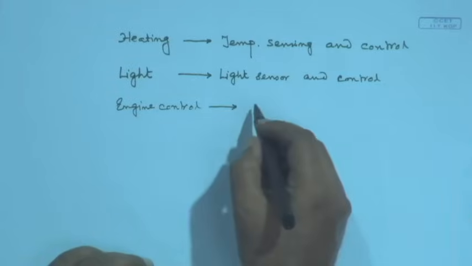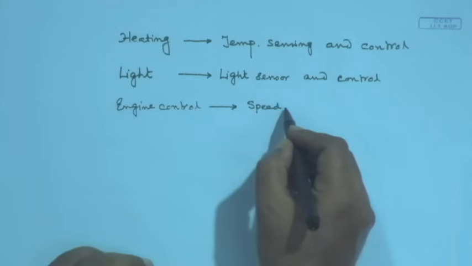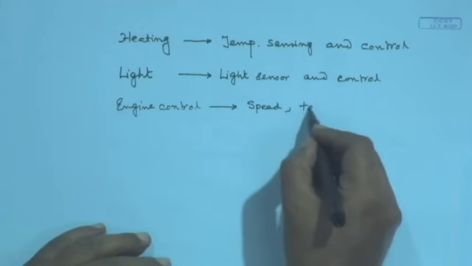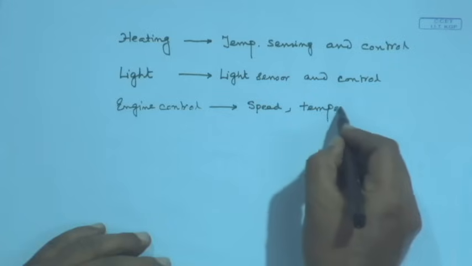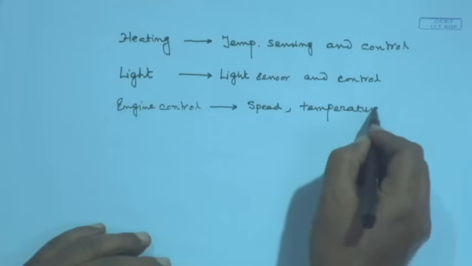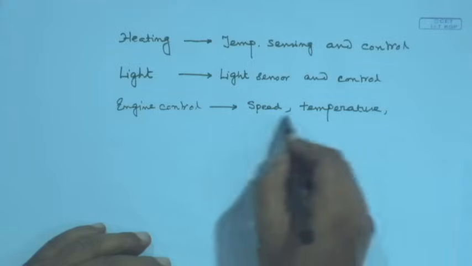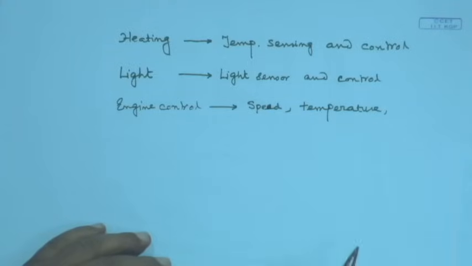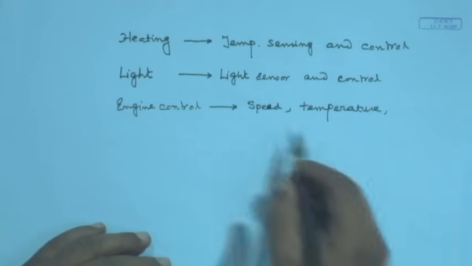One is of course the speed I can sense. This will also require the temperature of the engine, the status of the coolant, maybe speed and RPM, these are coming up.